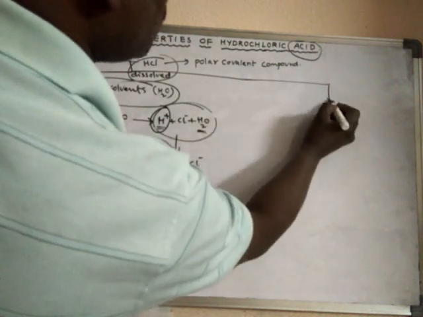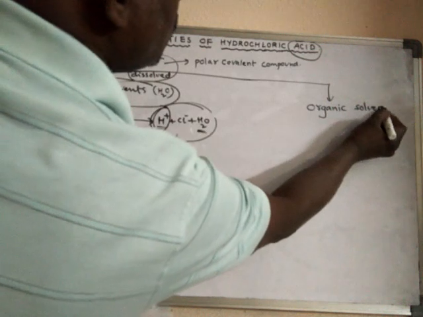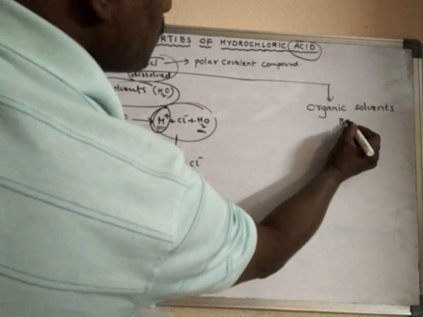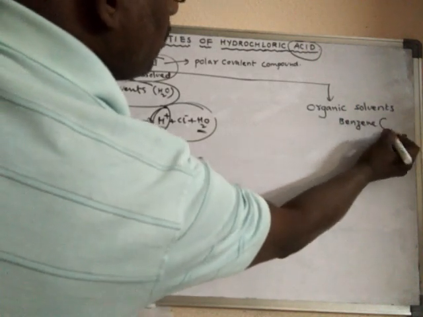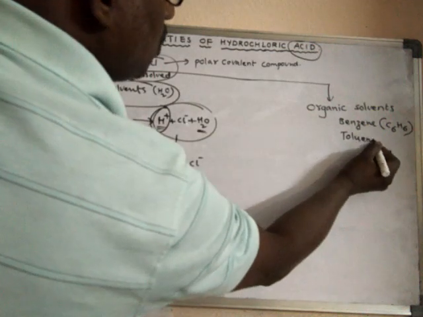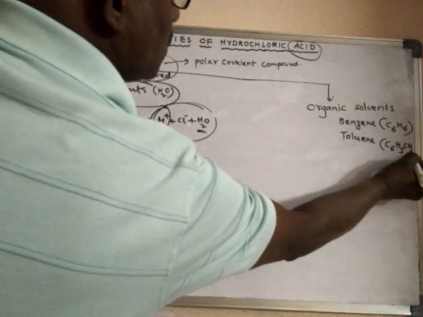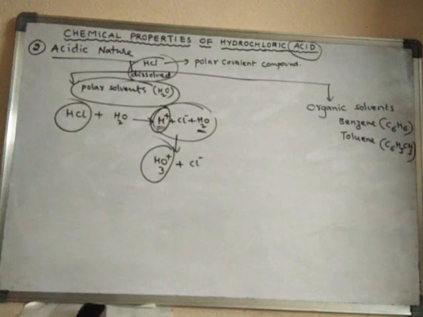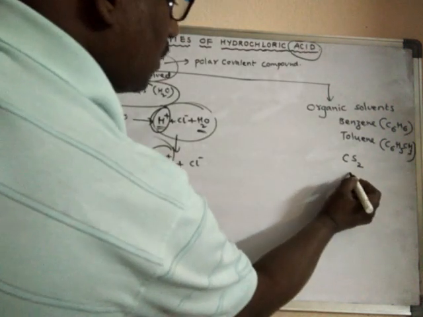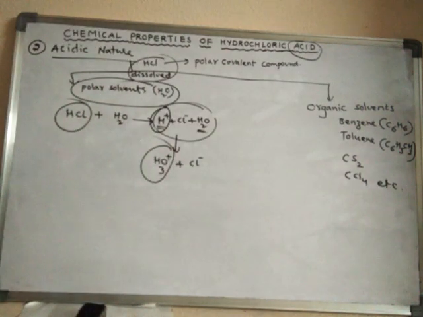Suppose HCl is dissolved in organic solvents like benzene, C6H6, or toluene, C6H5CH3, or carbon disulfide, or carbon tetrachloride, etc. There are many organic solvents.